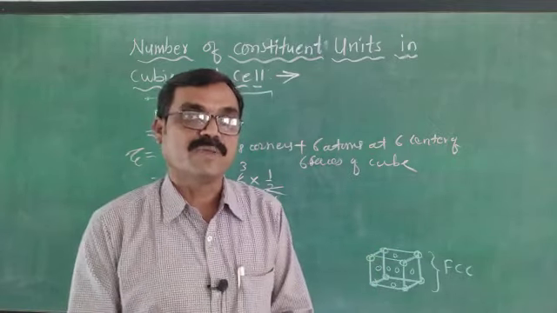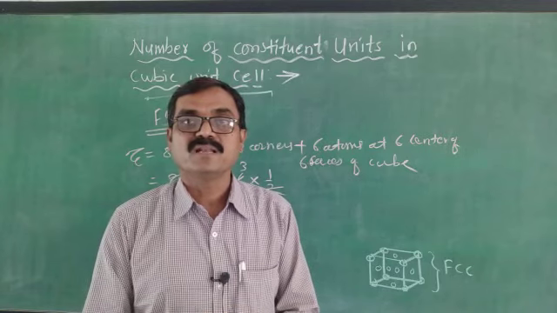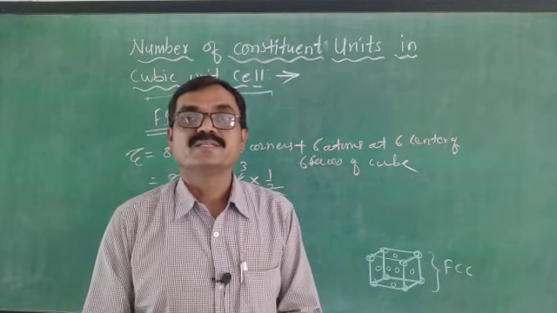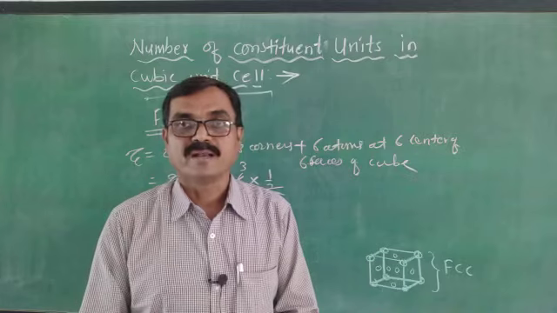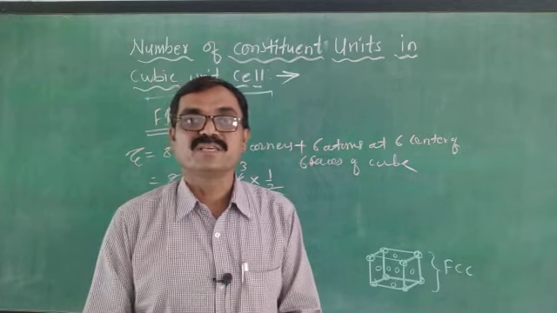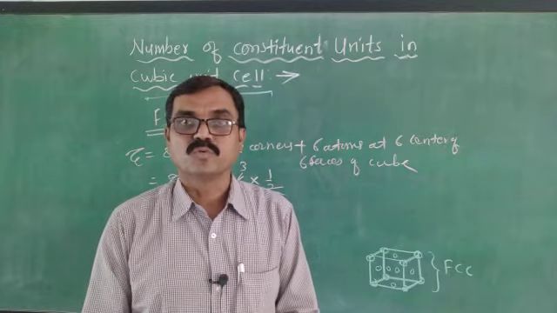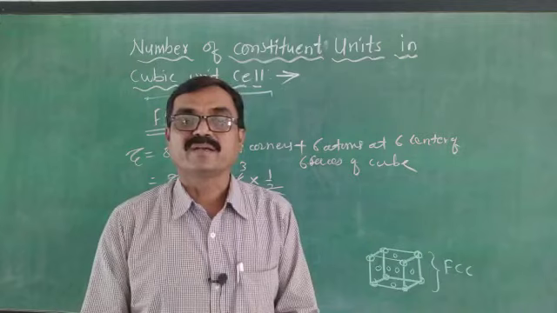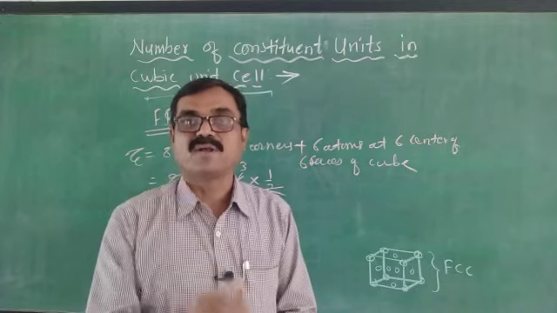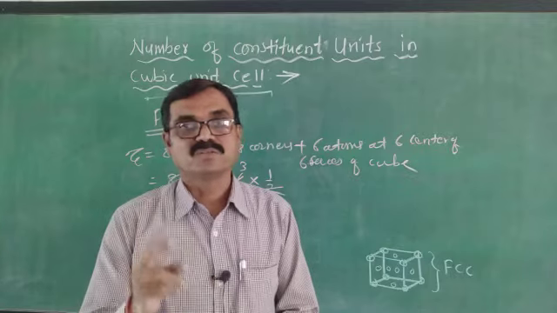Tell me how many atoms are present in the unit cell of a simple cubic crystal? It is 1, 1/8 into 8. Now in BCC how many? Z equals 2. Why? 1/8 into 8 plus the 1 at the center: 1 plus 1, 2.